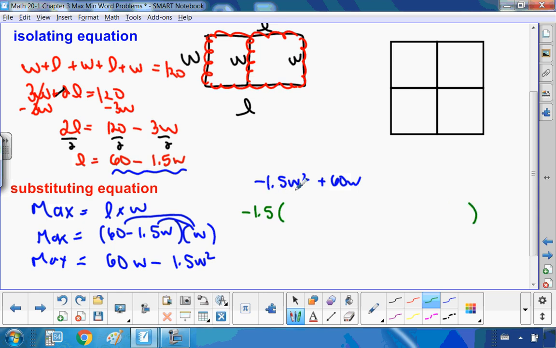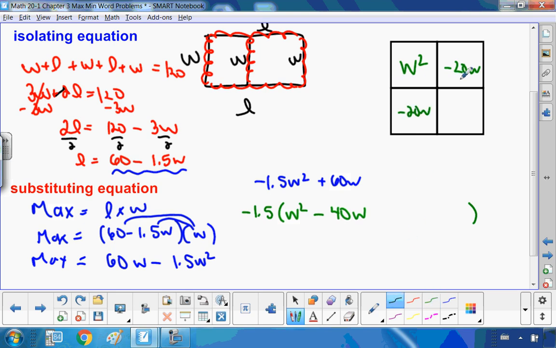So negative 1.5W squared divided by negative 1.5 is just W squared. 60W divided by negative 1.5 is negative 40W. Okay, and if you're ever unsure if you've done that right, you can just distribute that back in to see that it actually works. So I'll take my W squared here, I take my negative 40W and split it into 2 equal pieces, and then I'm going to factor by GCF.